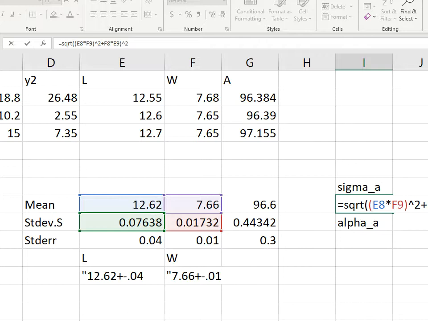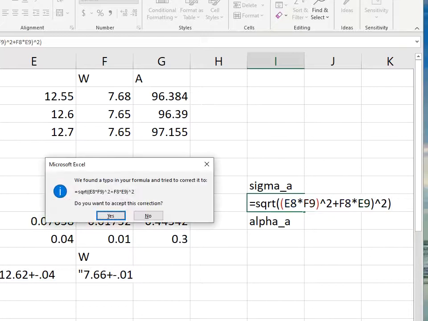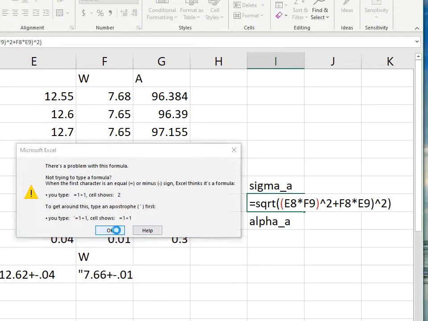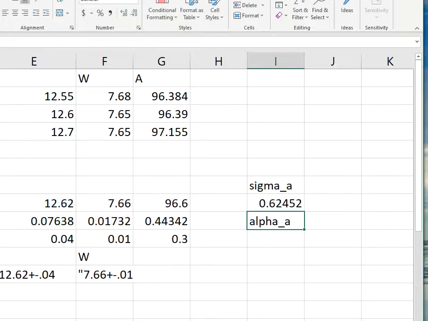Sorry, it's getting off here. I think that is it. It didn't like it because I didn't put a parentheses here. Okay, stop bothering me. Okay, parentheses.